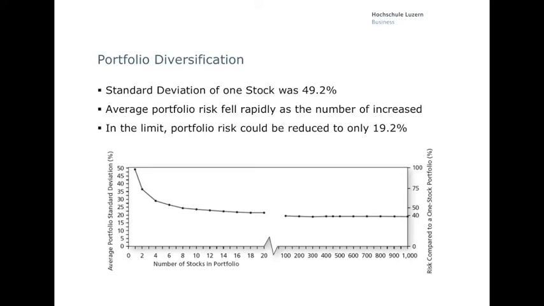On average, portfolio risk does fall with diversification from 49.2% with one stock to 19.2% with 1,000 stocks. 50% of risk reduction compared to a single stock can be achieved with a portfolio of 6 stocks. As a rule of thumb, a portfolio of 15 stocks is well diversified.